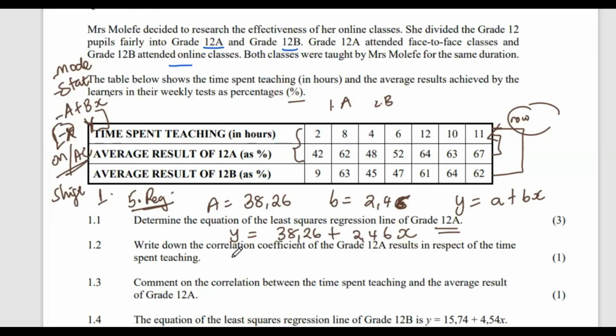Then 1.2, they want us to write down the correlation coefficient of 12A results with respect to the time. So what we need to know is that since we entered the values of 12A, we can just go back, you press your shift, and the 1. Then we go for the 5, which is regression.